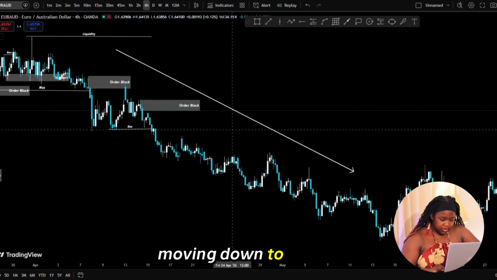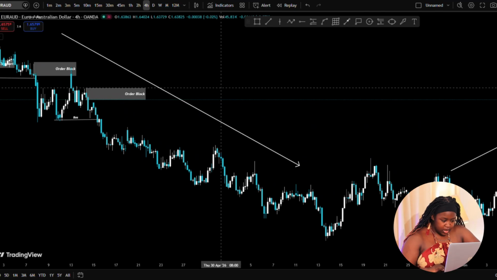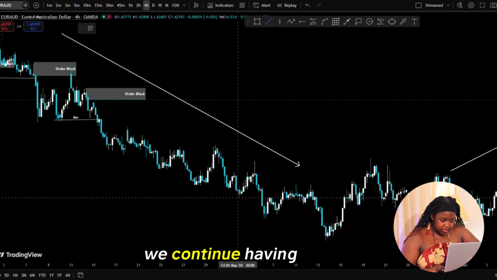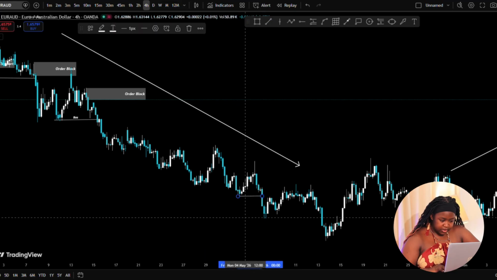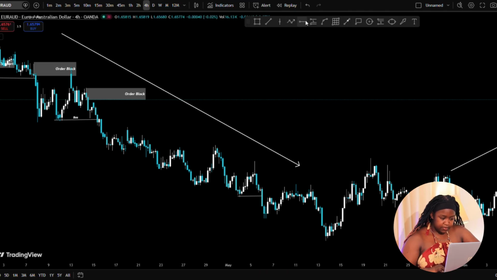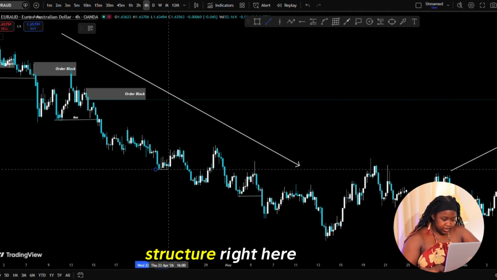So moving down to the lowest, we continue having break of structures. There's also a break of structure right here.